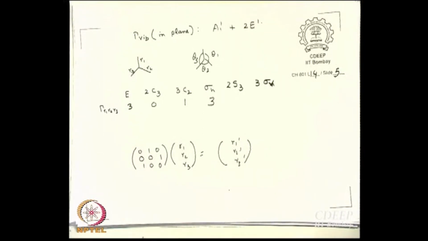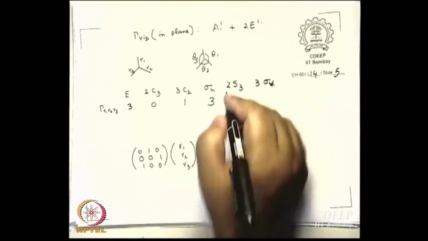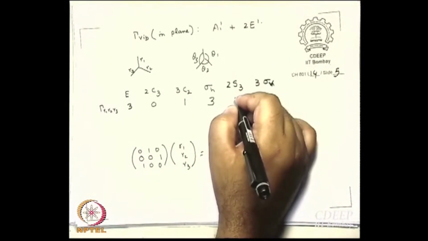S3: first of all you have to apply C3. The moment you apply C3, R1 goes to R2, R2 goes to R3, R3 goes to R1, and then when you reflect by sigma h there is no further change. So, once again they go off diagonal. So, the character of S3 is the same as the character of C3 here. So, 0.